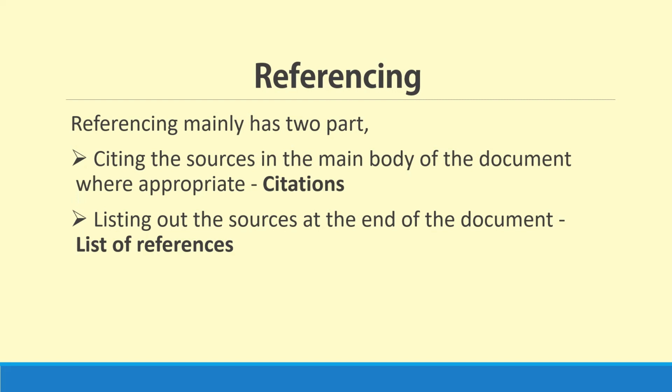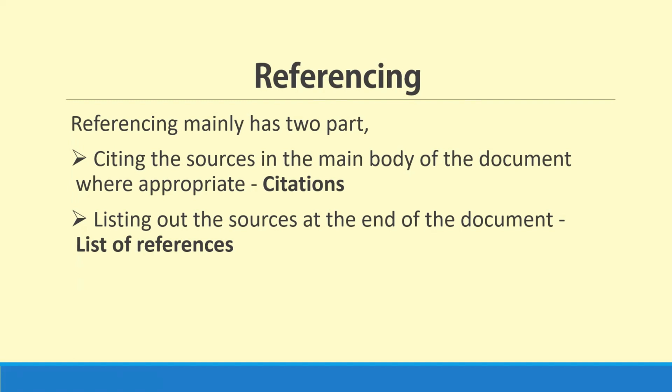And at the end of the report, after the main content, you have to add another section with a list of references stating all the external sources that you referred to. In other words, all the citations you have in the main body of the report will have the detailed version of it at the end of the report in the list of references.